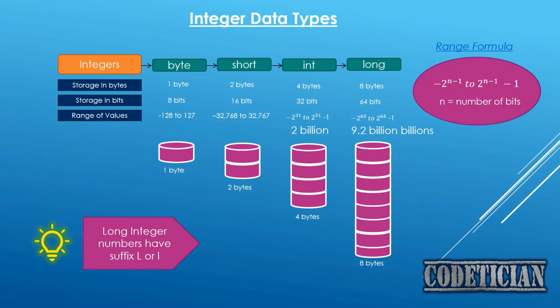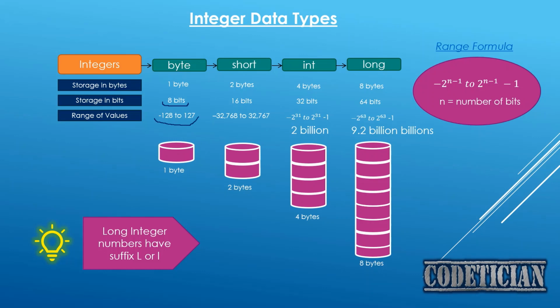Here I've given the details about the storage in bytes and bits. Byte is 1 byte, short is 2 bytes, int is 4, long is 8 bytes. And these have a different number of bits because 1 byte is equal to 8 bits, so you can do the calculation. And then what is the range of values that you can store in that particular data type?